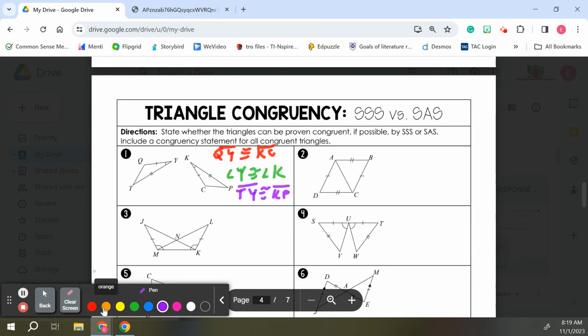And so what we're going to do here is write the congruency statement. We have to be very careful. Remember how we name these triangles. We're going to put triangle QYT is congruent to triangle CKP, and we would state by side, angle, side.